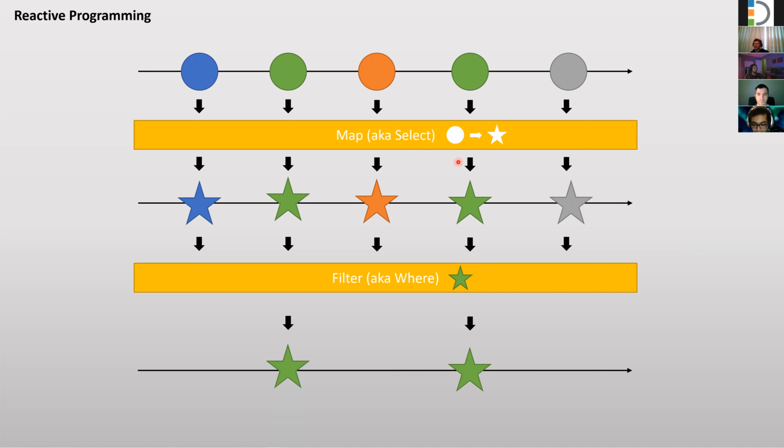You can say, anytime I receive a circle event, I'm going to transform that into a star event. And then you can add an additional filter on top of that event stream to say, I only want to look at star events. So now I have this new stream that only contains green stars.